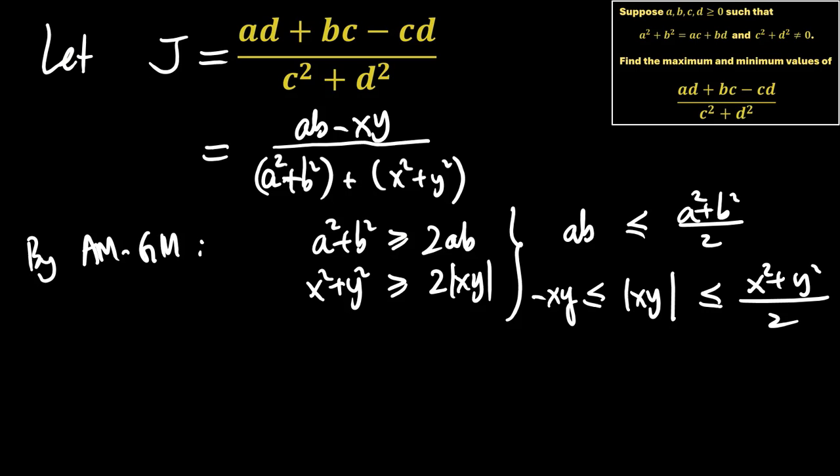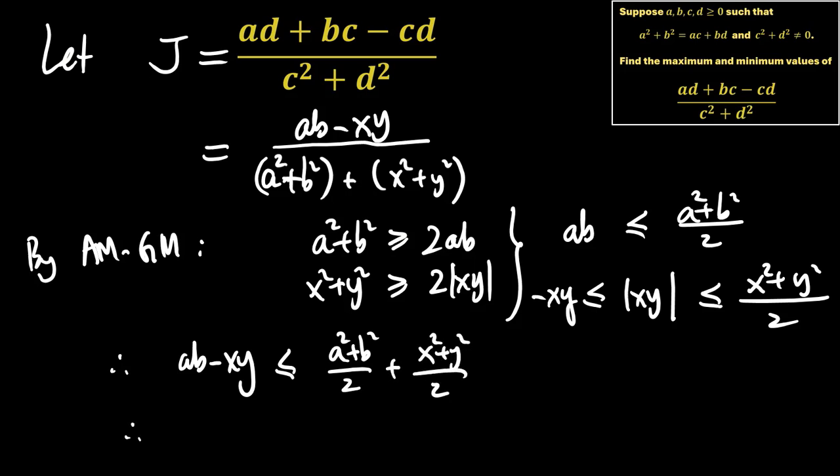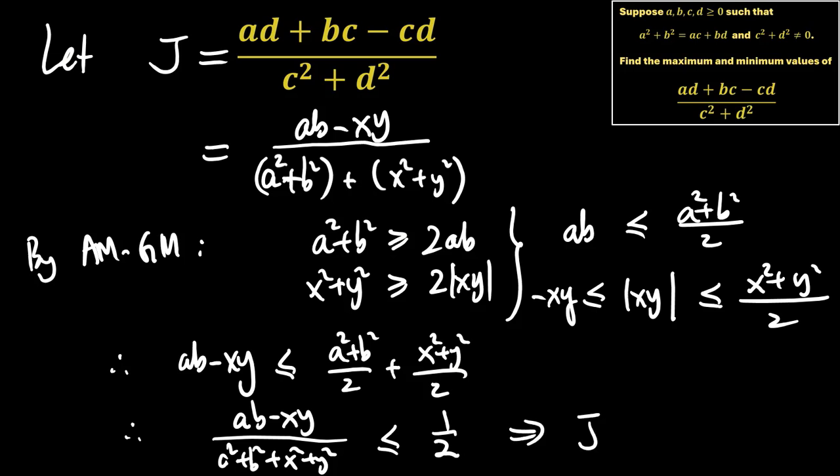So when we take the sum of the inequalities, we have AB minus XY is less than or equal to A squared plus B squared over 2 plus X squared plus Y squared over 2. This means that AB minus XY over A squared plus B squared plus X squared plus Y squared is less than or equal to a half, which means that J is less than or equal to half.